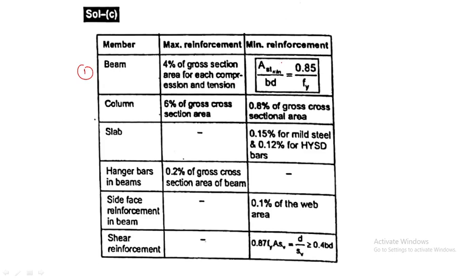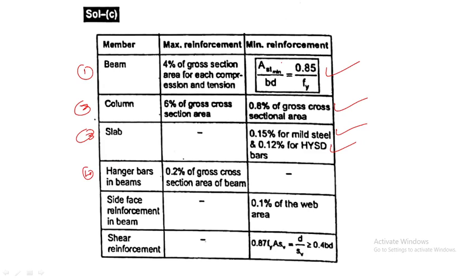Minimum reinforcement is Ast minimum by bd equals 0.85 by fy. So this is the first one. Second one, for column 6% of gross sectional area, and minimum is 0.8% of gross sectional area. Slab, no maximum, right? No maximum, and minimum is 0.15 for mild steel and 0.12 for HYSD bars.